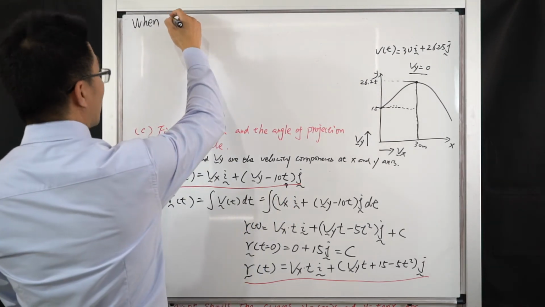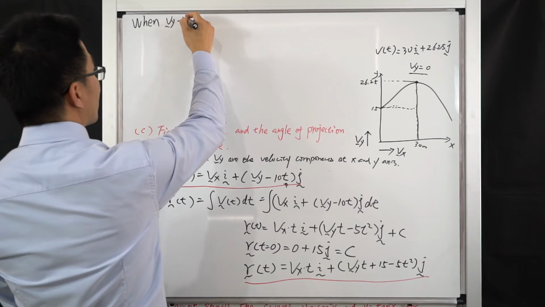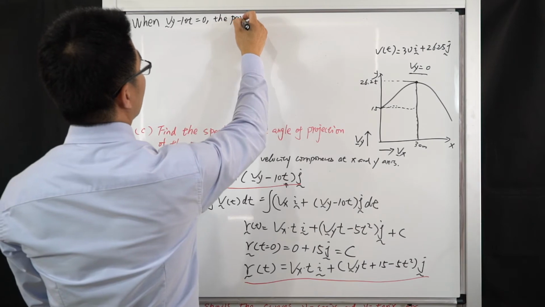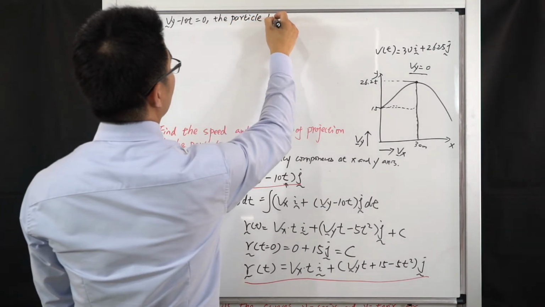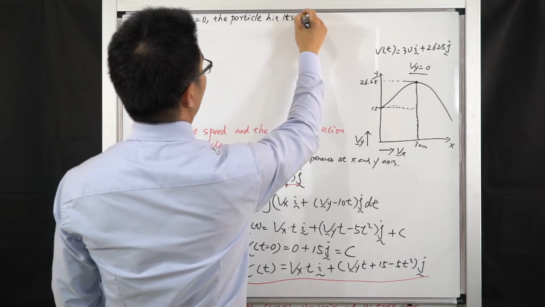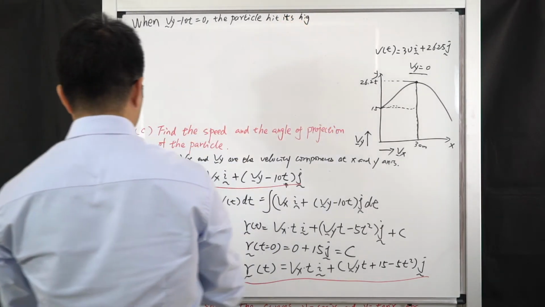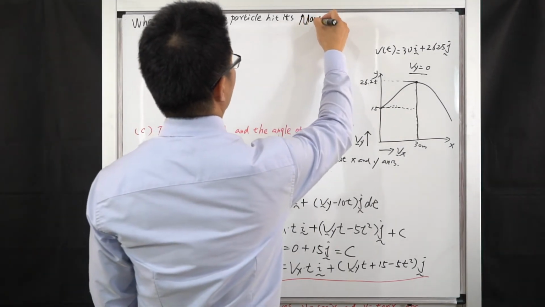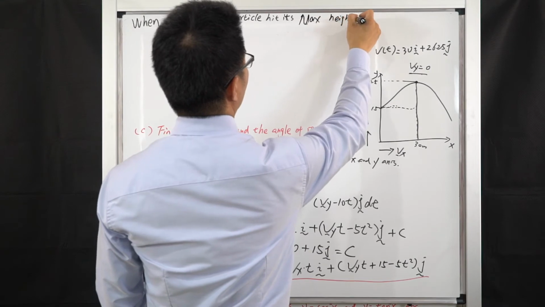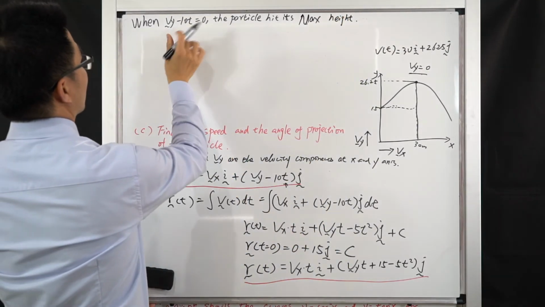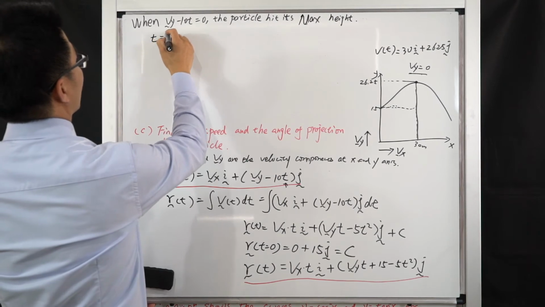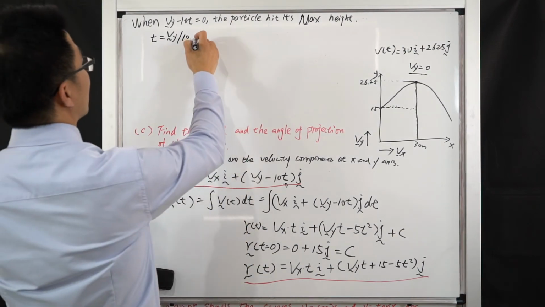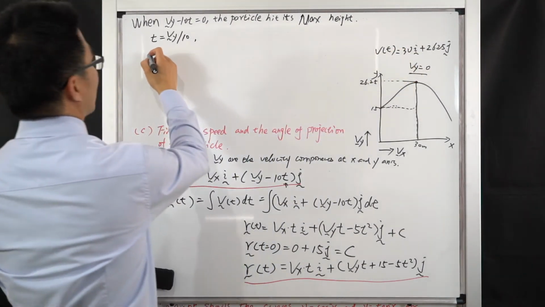So when Vy minus 10t equals 0, the particle hits its highest, its maximum height. Okay, so when this one equals 0, then we have t equal to Vy divided by 10.